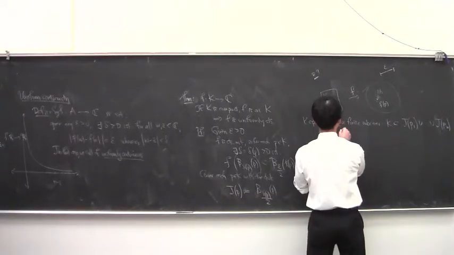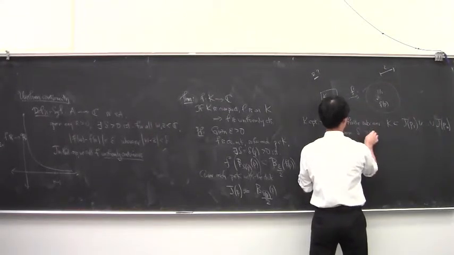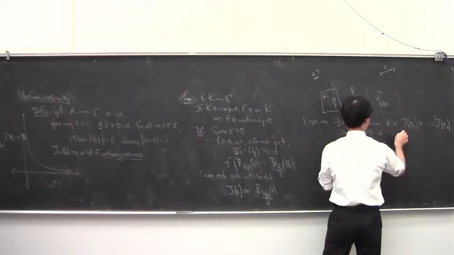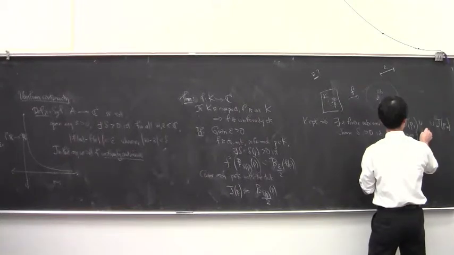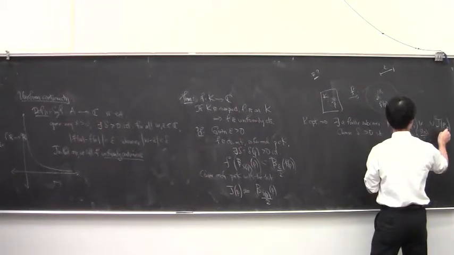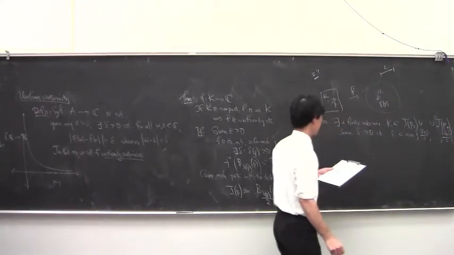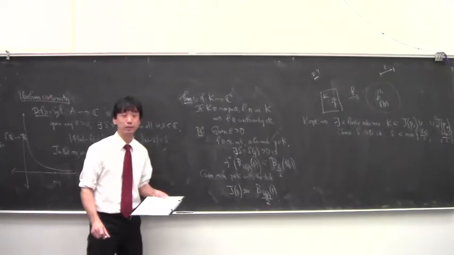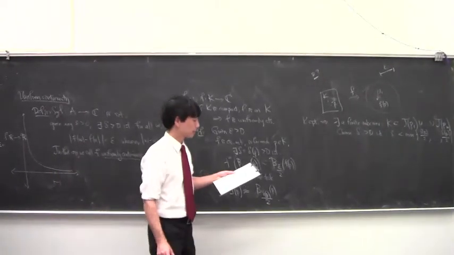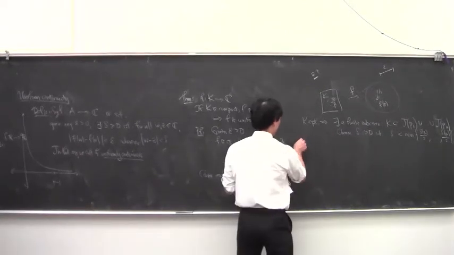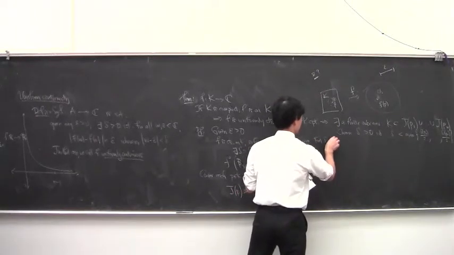And as before, we choose any delta smaller than the minimum of these half radii. And it turns out that delta is the one that will do it for us. So we claim now that delta works.